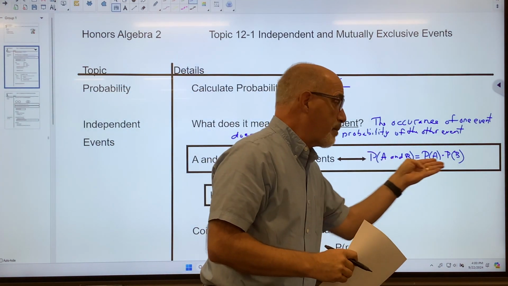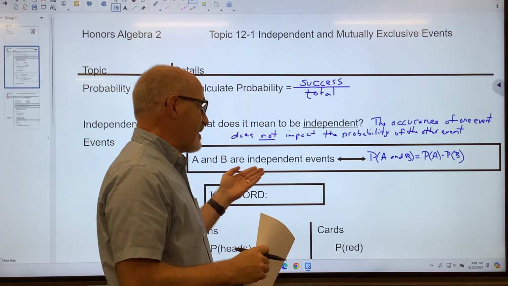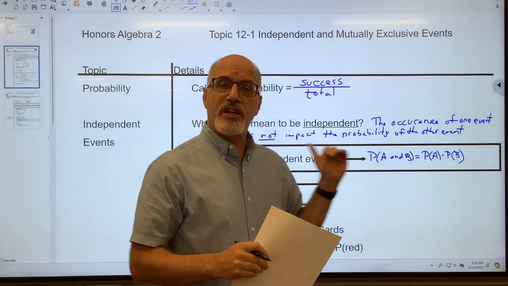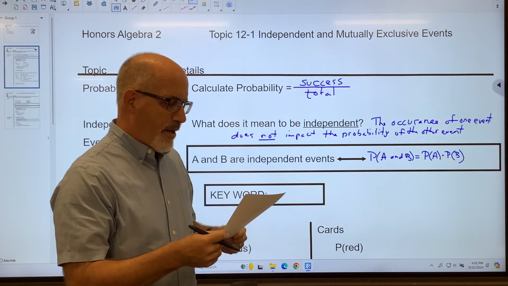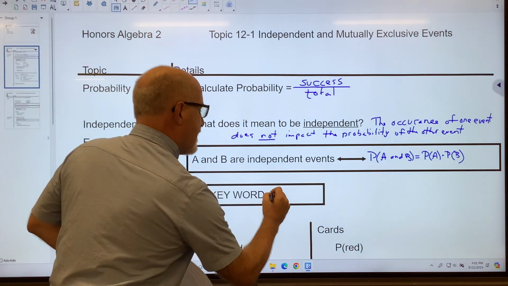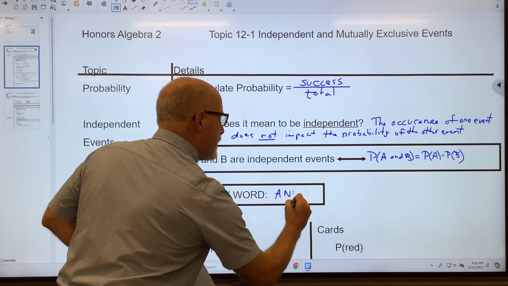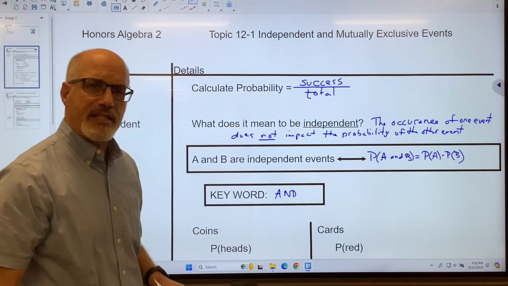And if this formula is true, the other direction, if this is true, then this is true. So it's an if-then that goes both ways. We sometimes call that if and only if. So the key word here is if you have the word and, and they're independent, then you're going to multiply the two probabilities together.